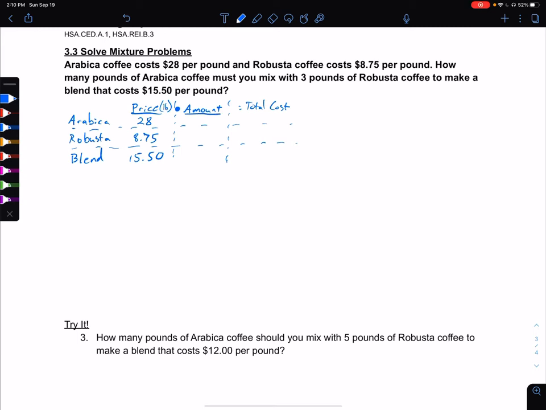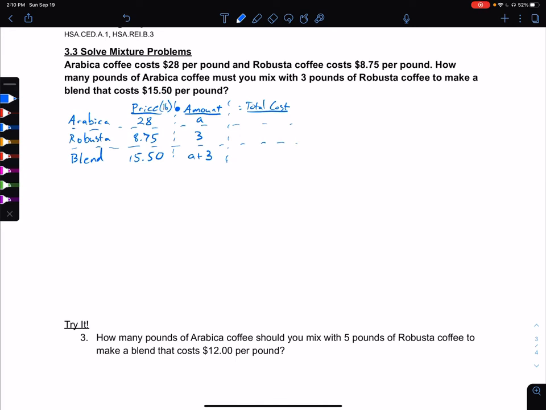So let's say that is amount, we'll just use the variable A. Robusta, we're going to use 3 pounds of that. And then the blend, this is what we're trying to figure out, will be the combination of Arabica and Robusta. So that would be A plus 3, right? We're combining the amount of Arabica with the amount of Robusta.